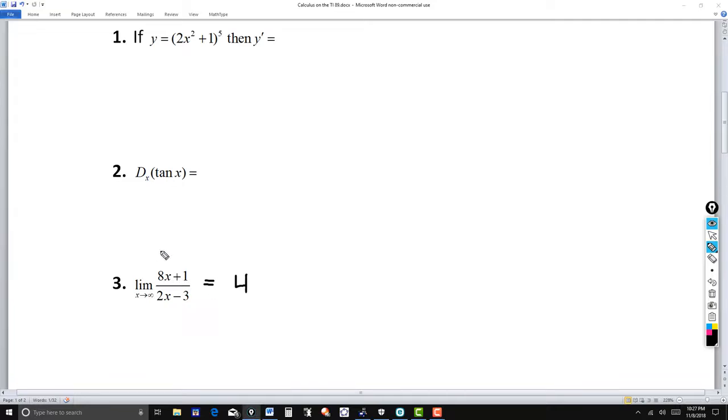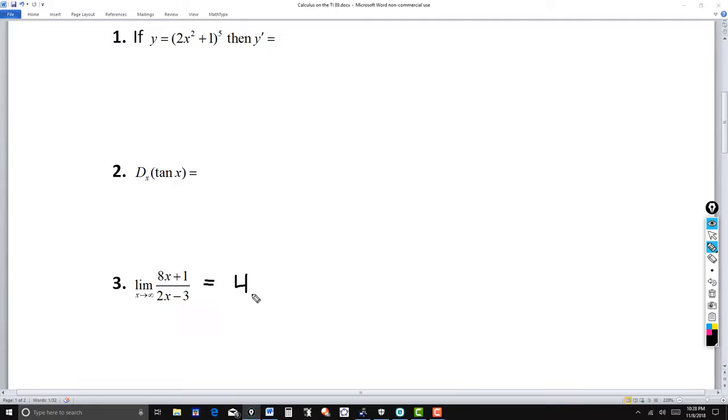This will leave me 8 plus 1 over x, and this will leave me 2 minus 3 over x. But as x goes to infinity, these terms over here go to zero, and that leaves me with 8 over 2, which is 4. So this would suggest then that if I'm graphing the function (8x plus 1) over (2x minus 3), it would have a horizontal asymptote at y equals 4.